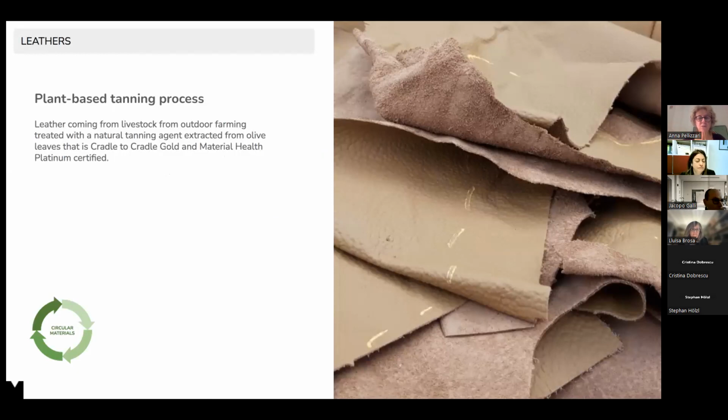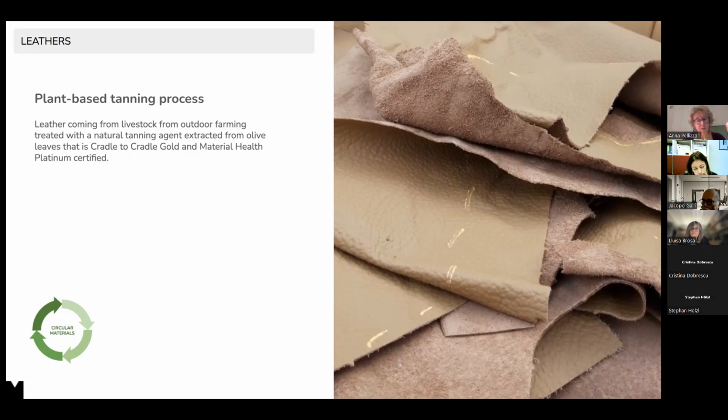So just two examples, one on real leather. There is a lot of development concerning plant-based tanning processes. This specifically uses some natural tanning agent extracted from olive leaves, which makes the leather itself remove all metal contents.